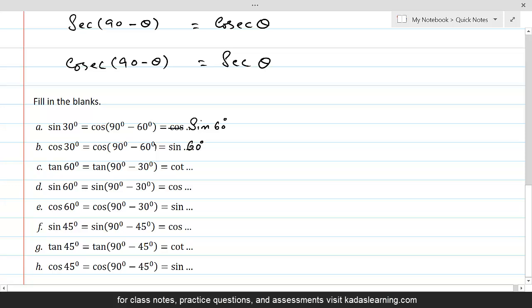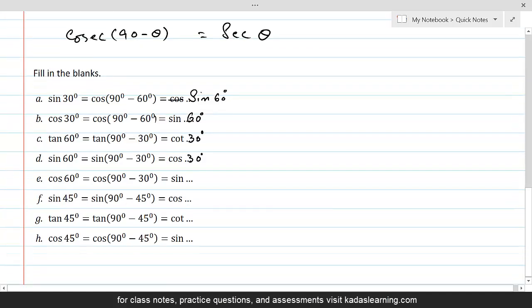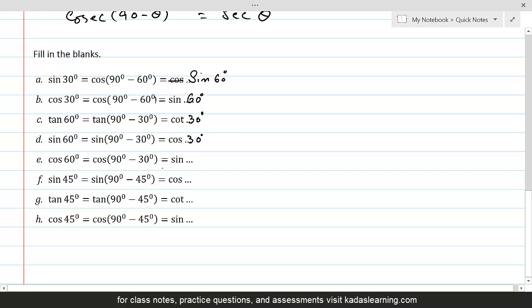And tangent of 90 minus 30 is equal to cot 30 degrees. And sine will be equal to cos 30 degrees, just like the formulas we have learned. And here cos of 90 minus 30 should be equal to sine 30 degrees, because cos is going to change into sine. And again, now in F part, sine will change into cos.